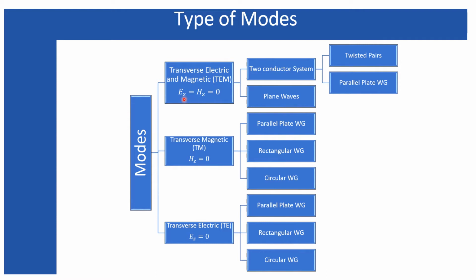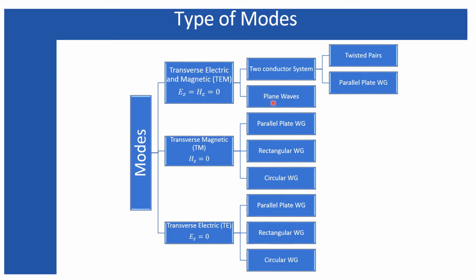We have seen that the plane wave is basically a TEM mode, because a plane wave propagates through an infinite medium, which you can consider to be bounded by two plates placed at an infinite distance. So the plane wave is a type of TEM mode.